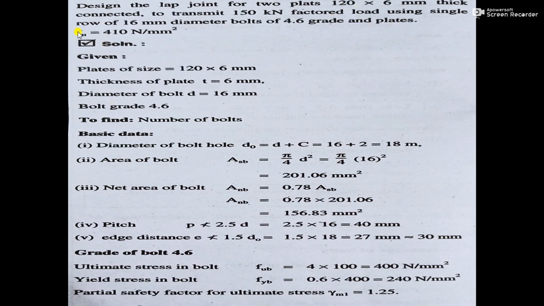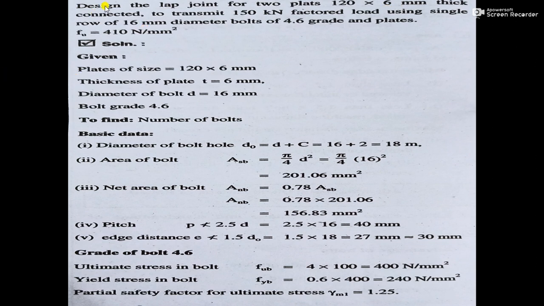The plate grade is given as 410 Newton per mm square, that is, the ultimate stress in plate, FU, is 410 Newton per mm square, and FUB is equal to 4 into 100, that is 400 Newton per mm square. We have to take these while solving the problems.